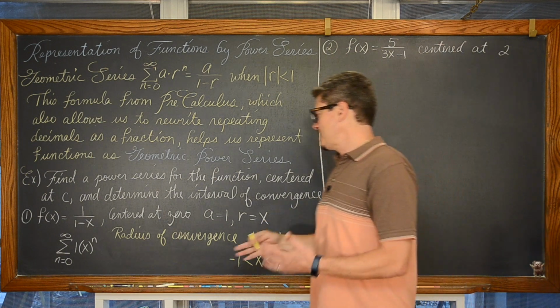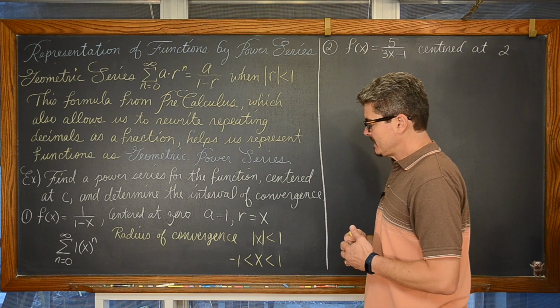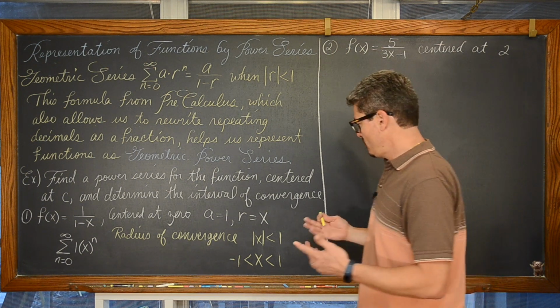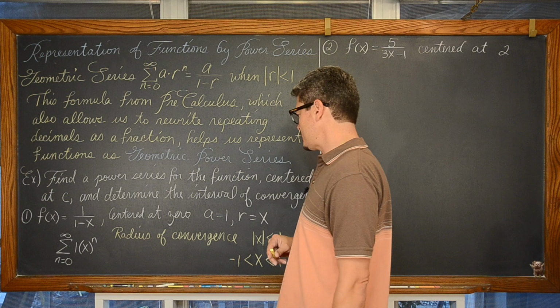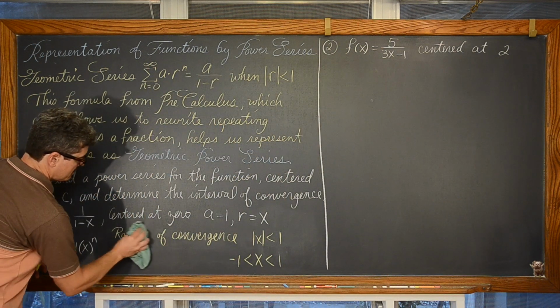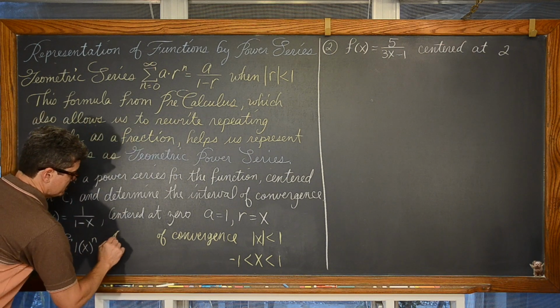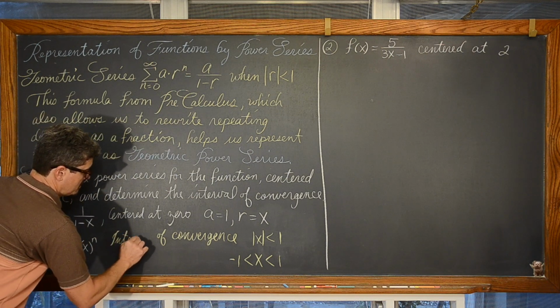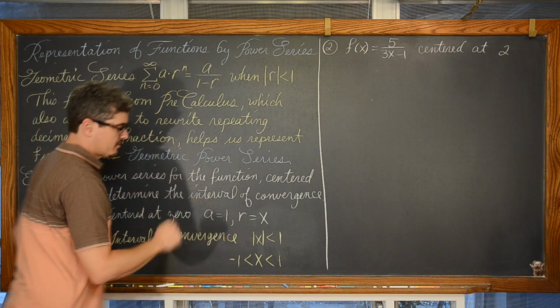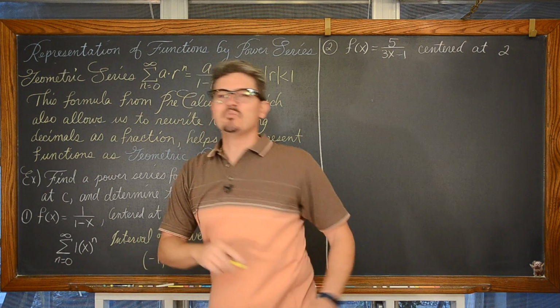So even though I'm saying the radius of convergence, because we're working with a geometric series, we know that those endpoints are not going to work. So we don't need to test those endpoints; the interval of convergence is from -1 to 1.